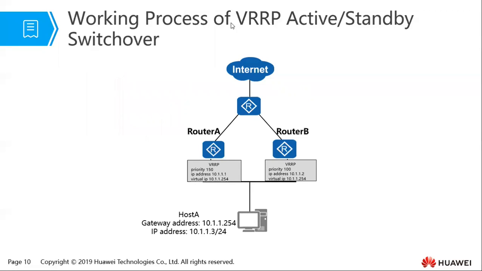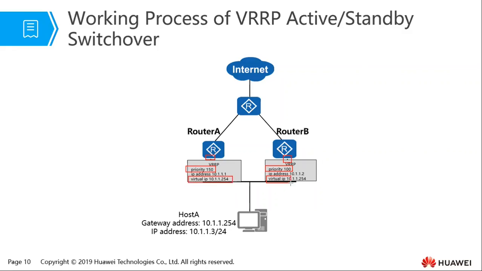Okay, so the working process of VRRP standby switchover. This happens, as I've already mentioned, when one router is acting as the master and the other router is acting as the backup. In the configuration, for example, we are configuring this particular router with a higher priority compared to router B. The other thing we have to configure is the IP address of these physical interfaces, and also a virtual IP address.